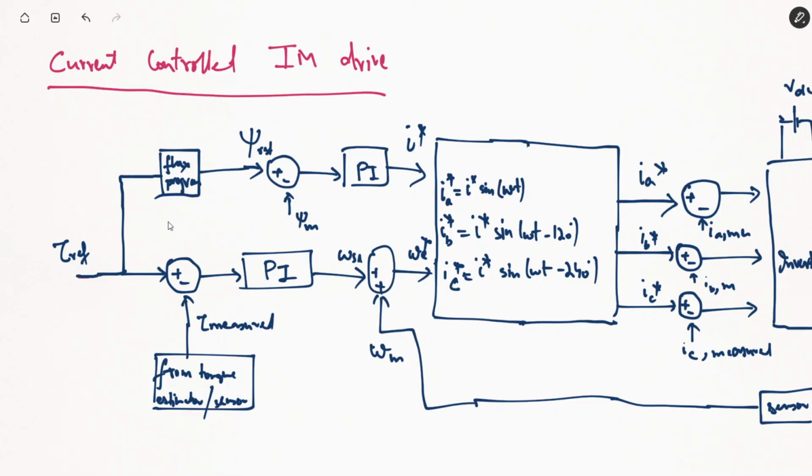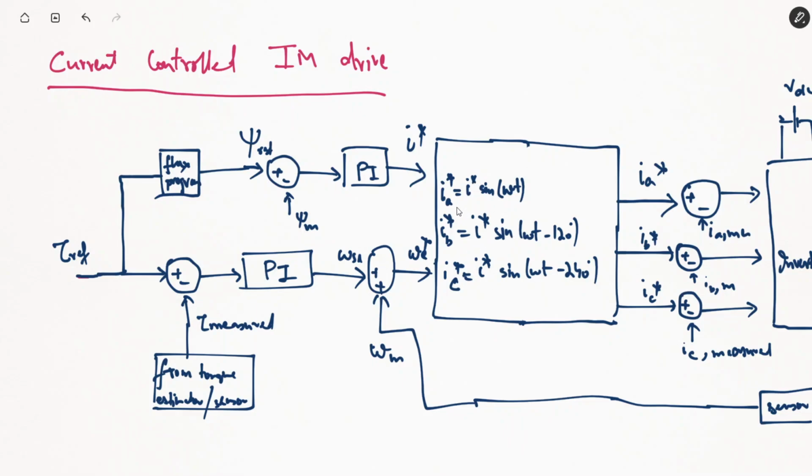So what we are doing is we are measuring the torque and the flux of the induction motor, comparing them with reference values of torque and flux, feeding them to a PI controller, and obtaining reference values of current and reference value of omega E. Accordingly, we can calculate IA, IB, and IC as IA is I star sine omega t, IB is I star sine omega t minus 120.